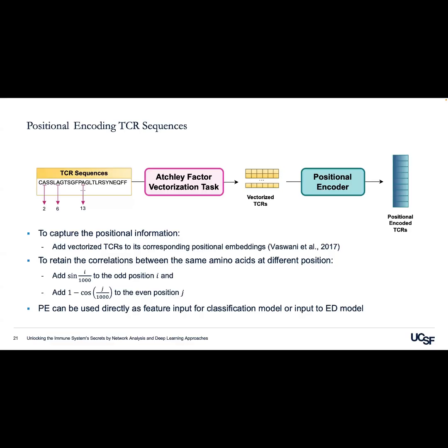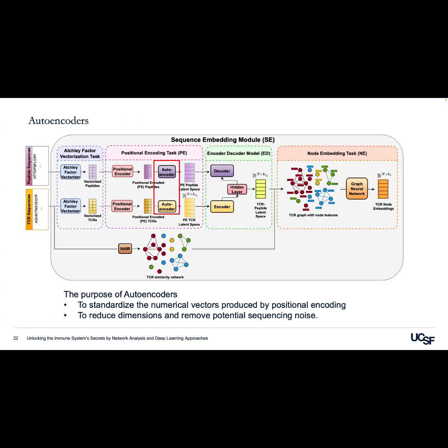After we have this embedding, the positional encoder output, we can already treat this as input for our prediction model. But we recognize that adding the zero padding at the end and also adding the positional encoder introduces high dimensionality and also noise.